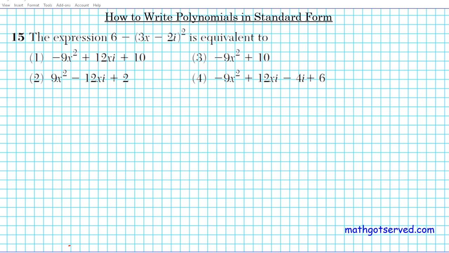Alright, let's take a look at question number 15. In question 15, we're going to look at how to multiply complex numbers. We have this situation right here. The expression 6 minus the quantity 3x minus 2i, squared, is equivalent to.